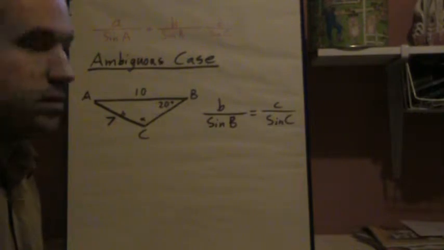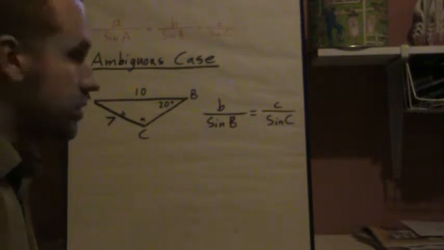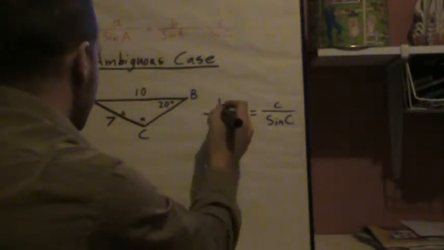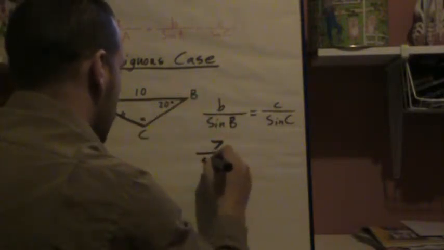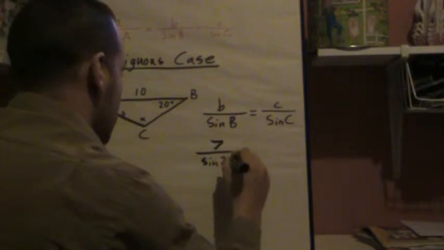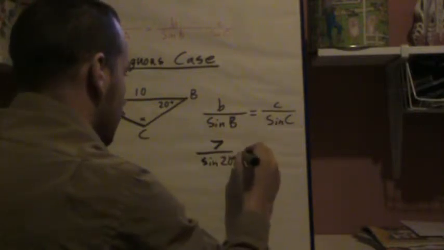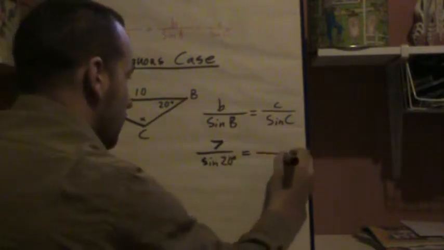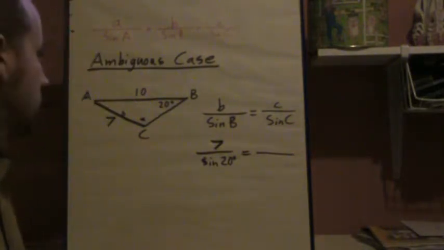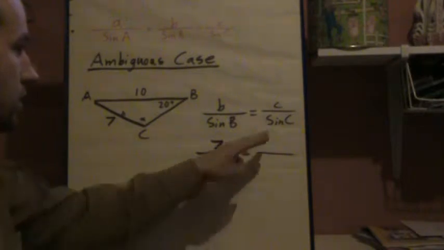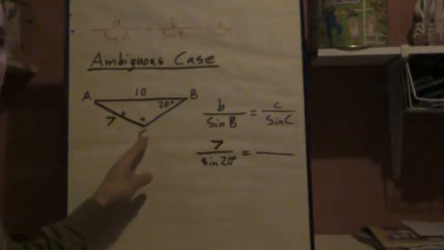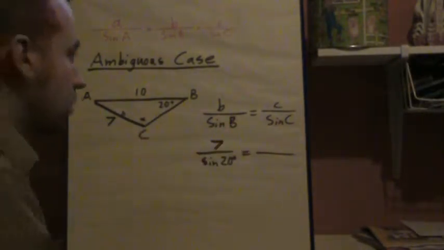Okay, so let's go ahead and plug in our numbers. B is 7 over the sine of 20 degrees, and that's going to be equal to side C, which is 10, divided by the sine of angle C, which is what I'm actually looking for.